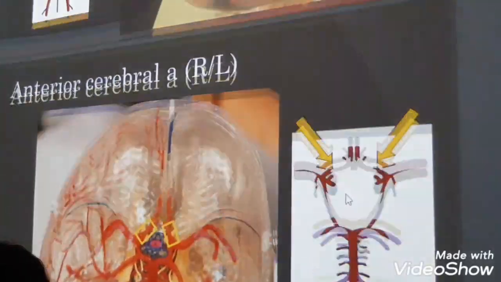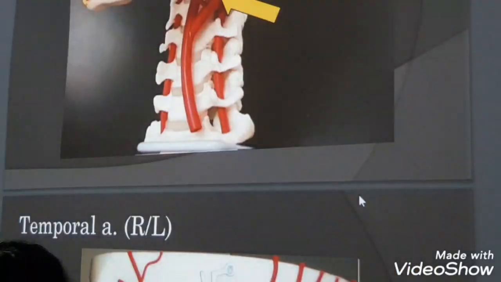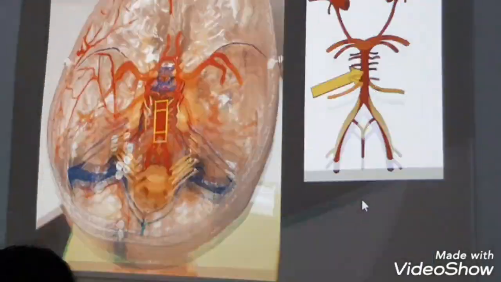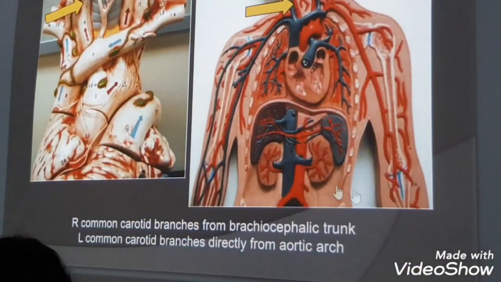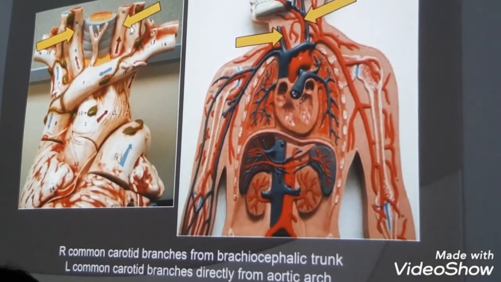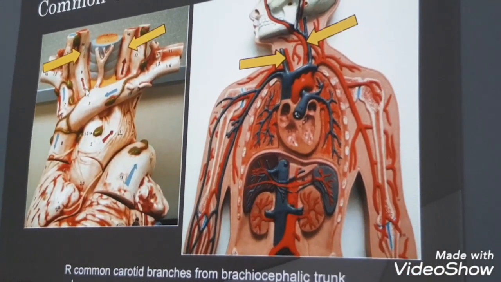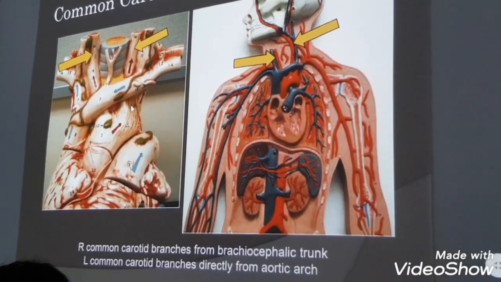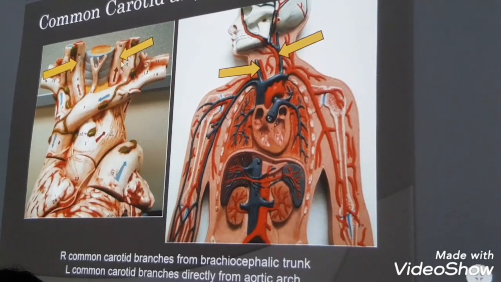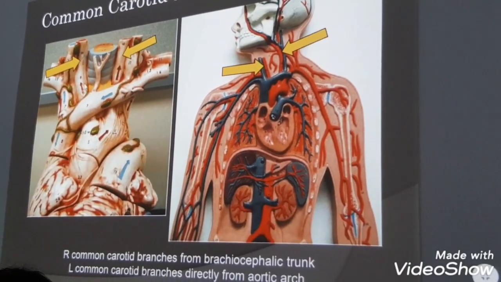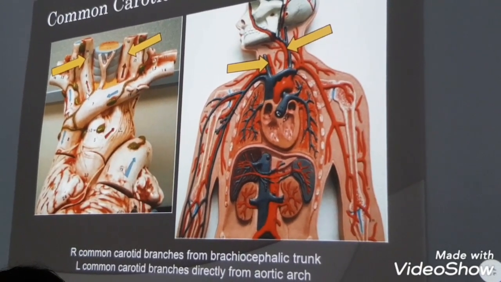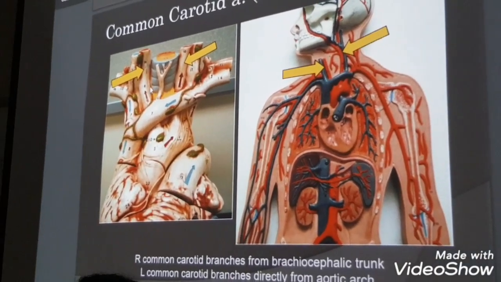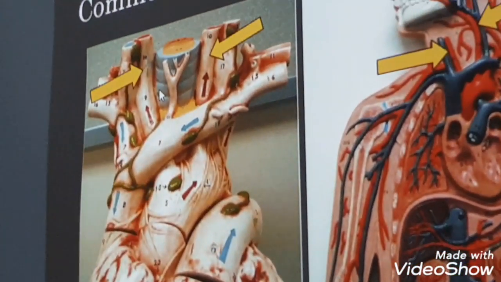Okay? So now I'm going to go back to where we see some of the facial characteristics off of the common carotid. So this is the common carotid because now I'm talking about the second branch off of the aorta, the left side, but the right side comes off of the brachiocephalic.